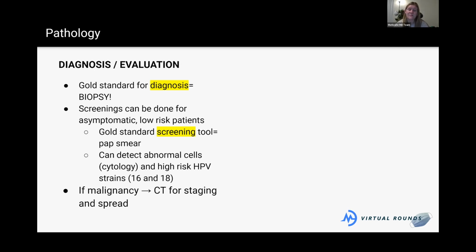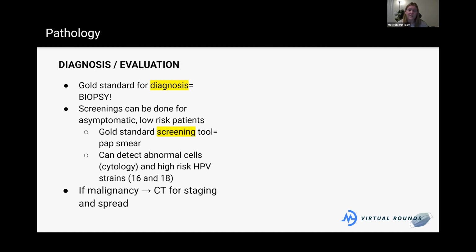For cervical cancer specifically, the gold standard screening tool is a pap smear, where we don't necessarily take a biopsy that is cut out and preserves the tissue architecture. It just catches the cells of the cervix and we put them in a solution, so they're freely floating and not in a chunk of tissue. We're able to do cytology, or cell studies, to look for abnormal cells with those features we talked about before, like how big is the nucleus, and are they going through mitosis.